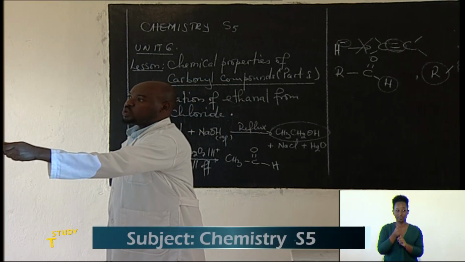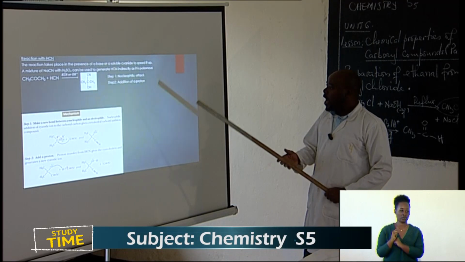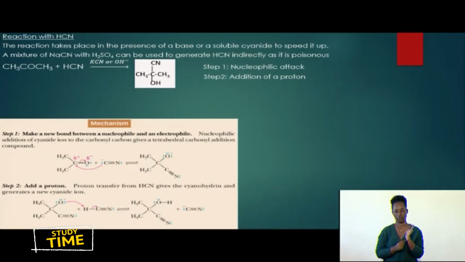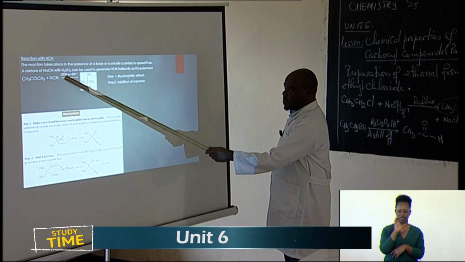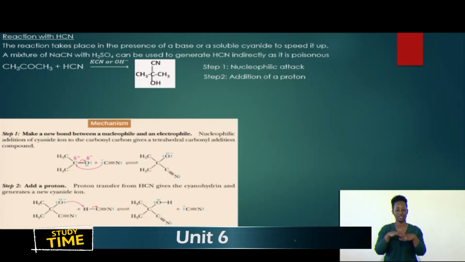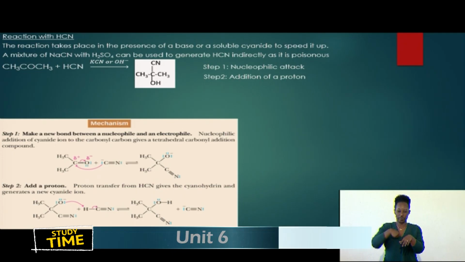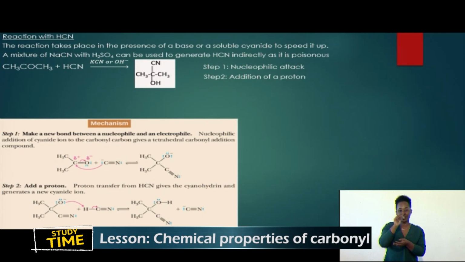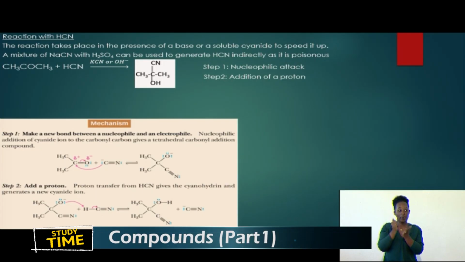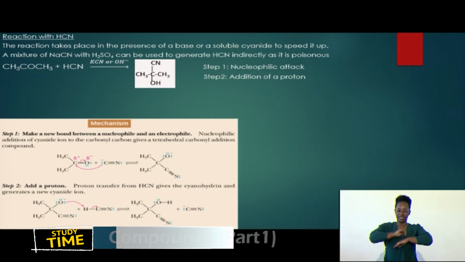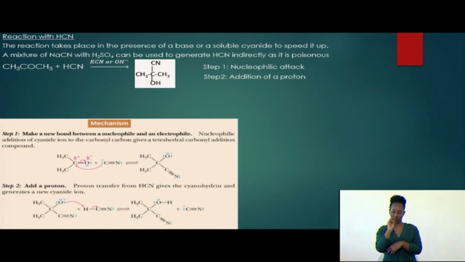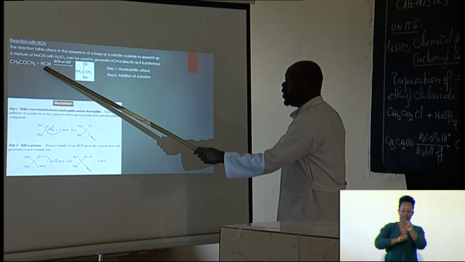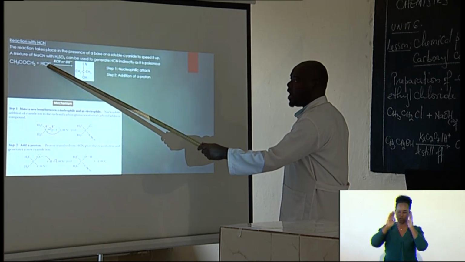To carry out this reaction, we have to use some specific conditions. We carry out the reaction in the presence of potassium cyanide or a base. Why do we use these conditions? It's because HCN is a weak acid. Being weak, it cannot generate enough CN- ions, cyanide ions, in the solution. So if you use the OH-, the base, it will react with the H+, increasing the concentration of cyanide ions.